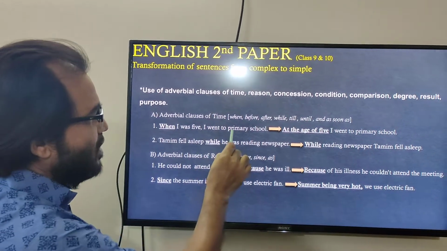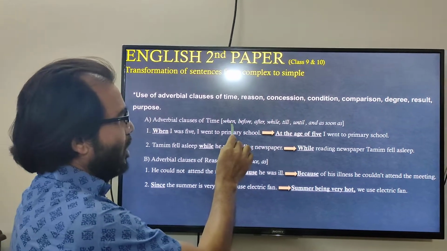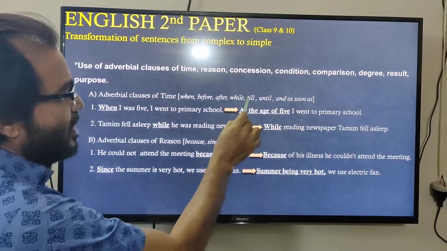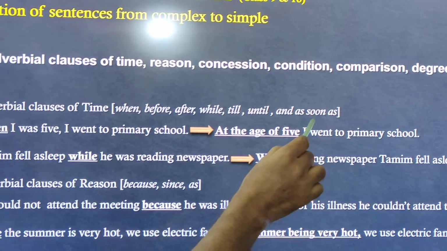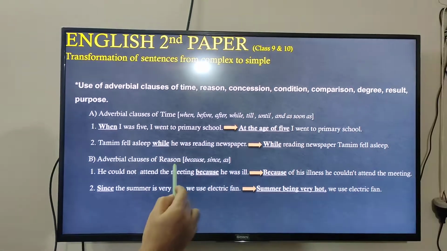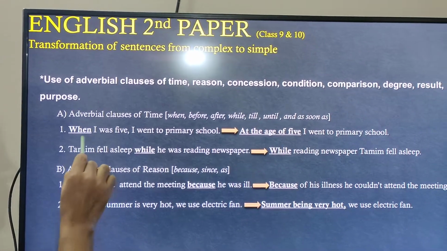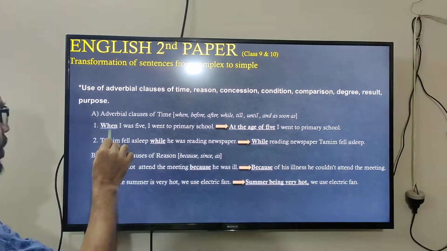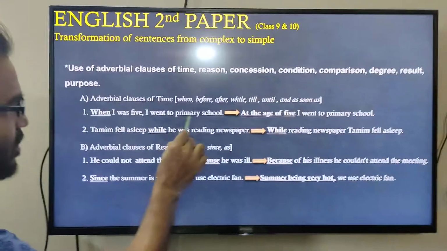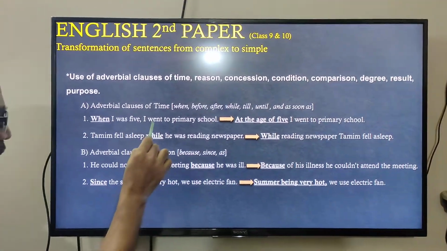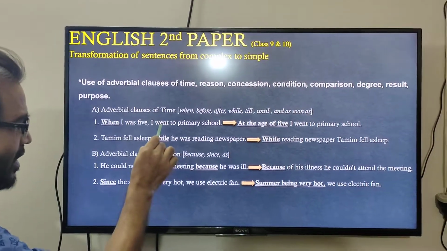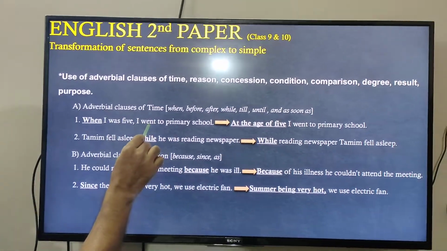The time clause begins with the conjunctions when, while, before, after, till, until, as soon as. These are the conjunctions used in expressing the adverbial time clause. Example: When I was 5, I went to primary school. I went to primary school, the action expressed through the verb went.